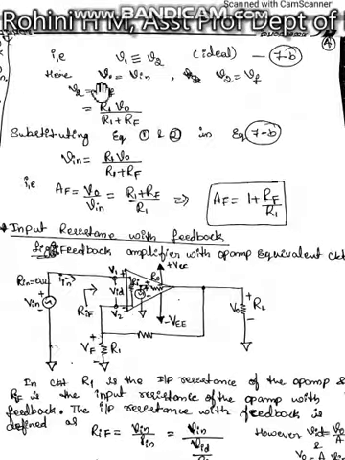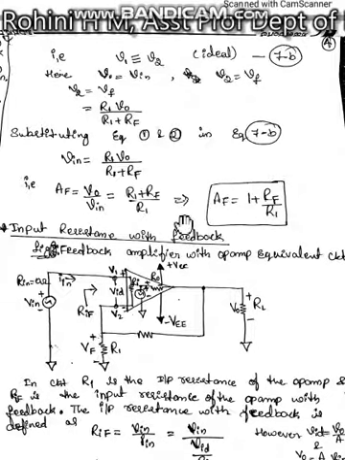So the same thing we are writing here. In place of V1 we are writing V in, and in place of V2 the Vf expression. Then after rearranging, if we write for the V out by V in term, then V out by V in is nothing but R1 plus Rf divided by R1, or if we separate these two terms, it will be 1 plus Rf by R1.